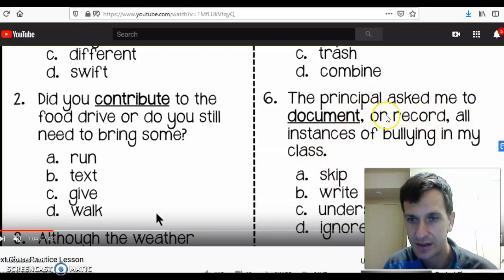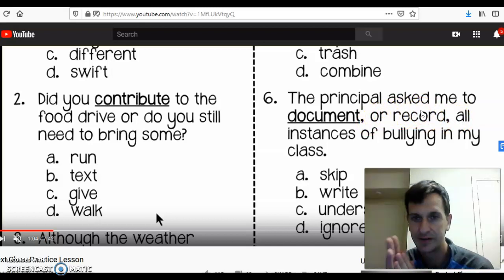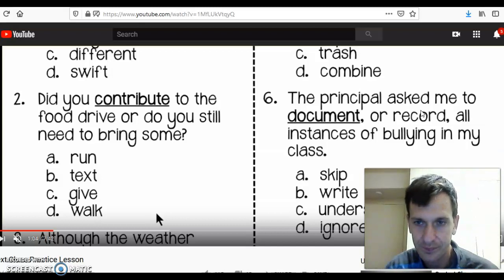This is a definition context clue. Remember that mnemonic device, this would be the definition, "or record." It's telling you exactly what it is. So if we're documenting something, we're also writing it. Alright, moving ahead.